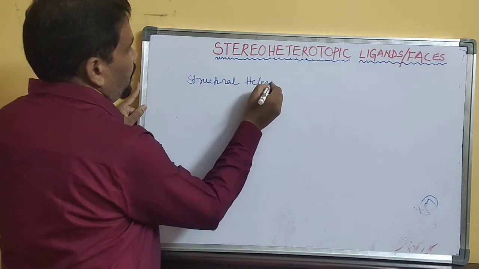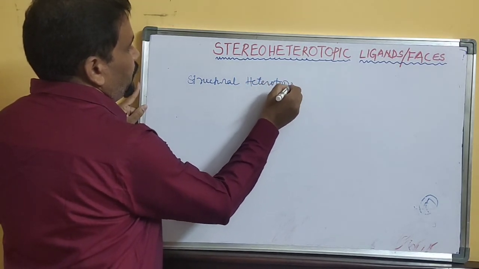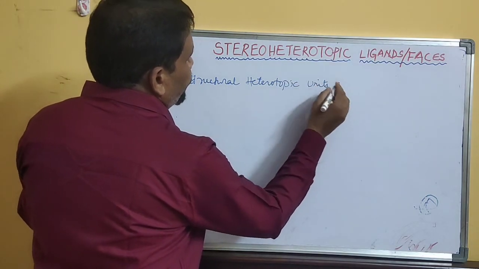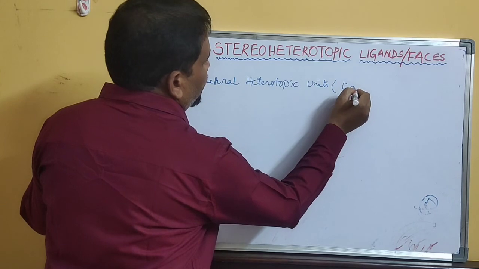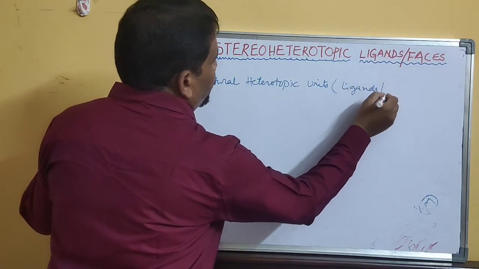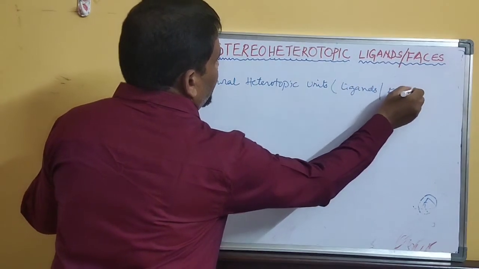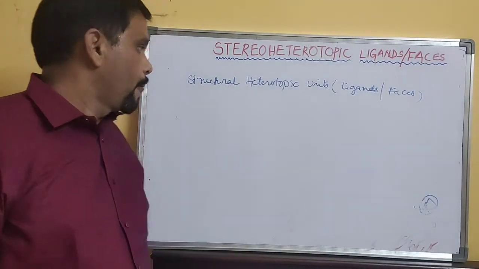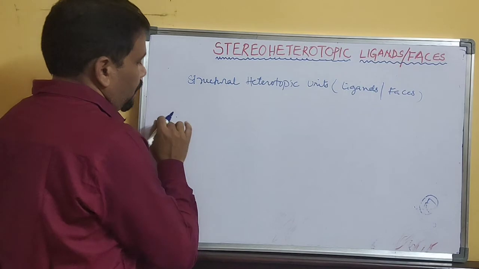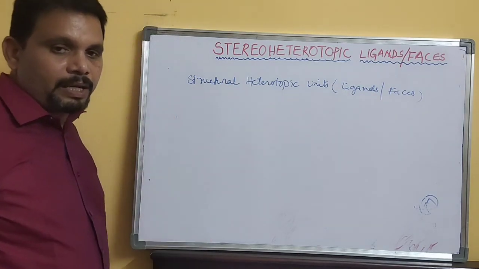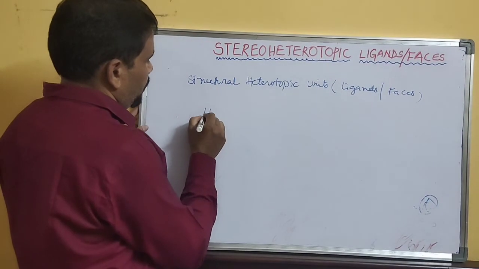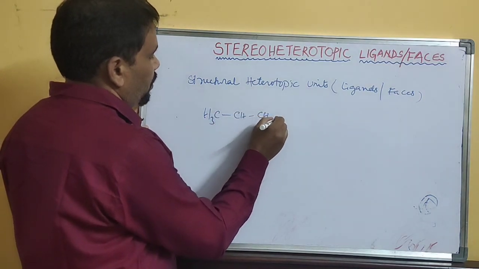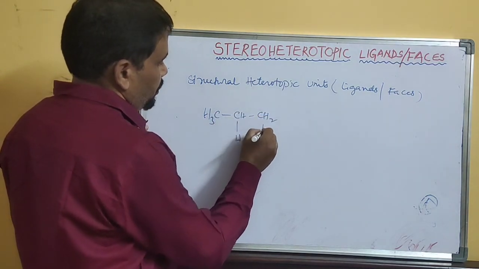heterotopic units. Units may be ligands or faces. Okay, structural heterotopic units. Suppose we'll see CH2, this is H1 and this is H2.